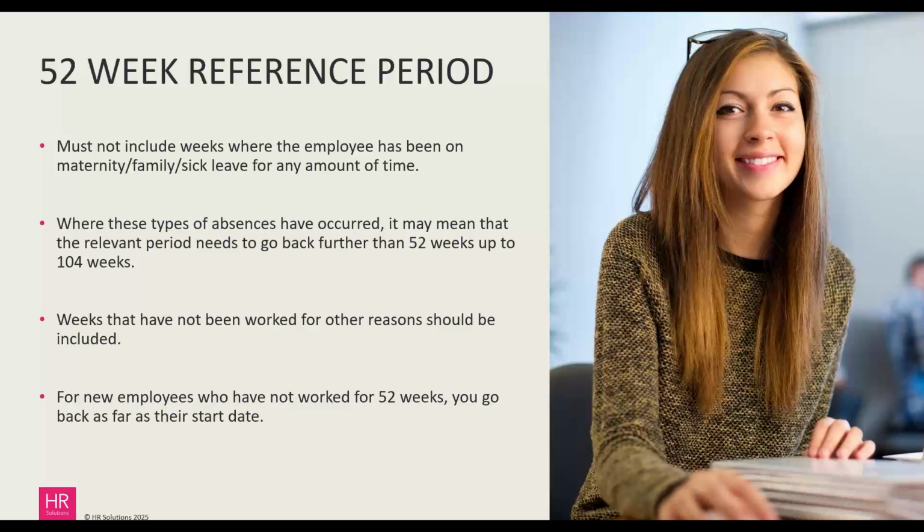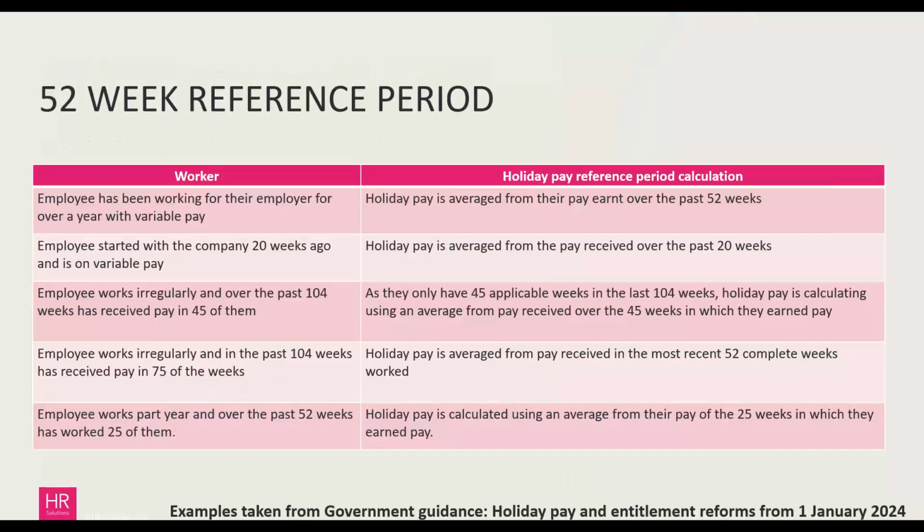So here, this table is actually an extract from the government's guidance document called the Holiday Pay and Entitlement Reforms. And I just wanted to highlight it because it puts into perspective some different scenarios. So what you can see here is if you've got somebody that's been with you for over a year with variable pay, you average the pay that they have earned over the 52 weeks.